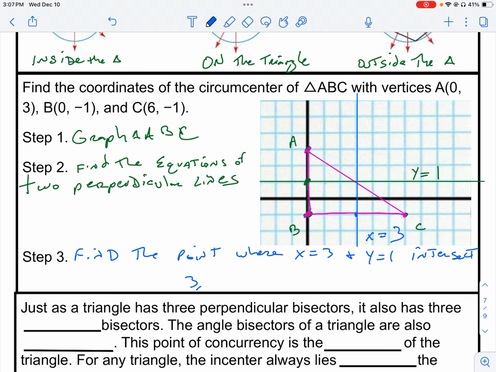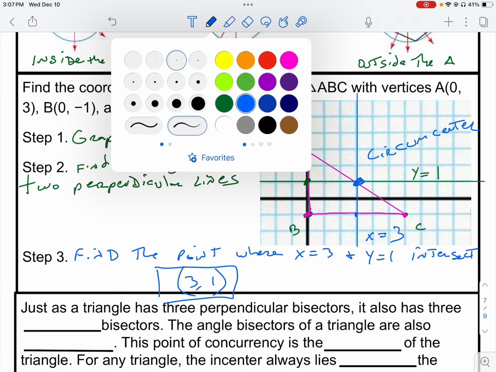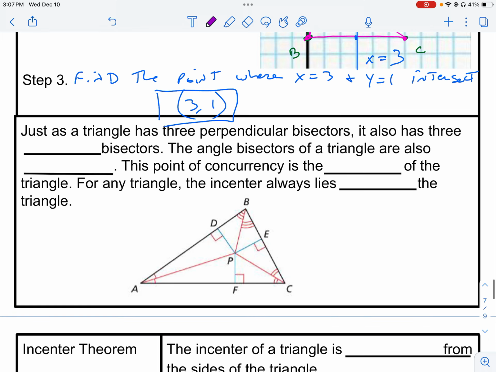So it's going to be 3, comma 1. And right here is our circumcenter. Now, if it wasn't so neatly laid out for us, we would have to probably use a system of equations to find out where the 2 lines meet. But lucky for us, we didn't have to do that.